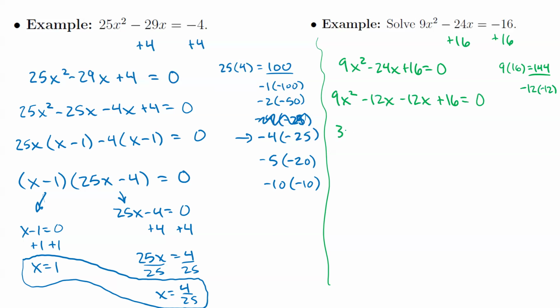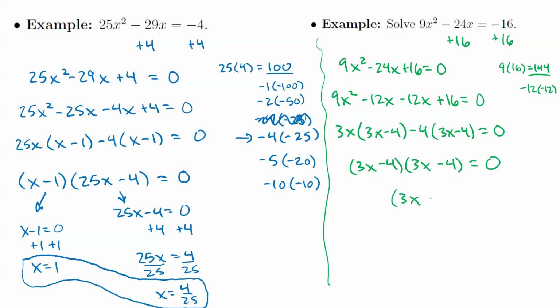So I can factor out a 3x, factor out a -4. So when this factors, it's 3x minus 4 times itself, right? And when that happens, of course, 3x minus 4 squared is what you get.